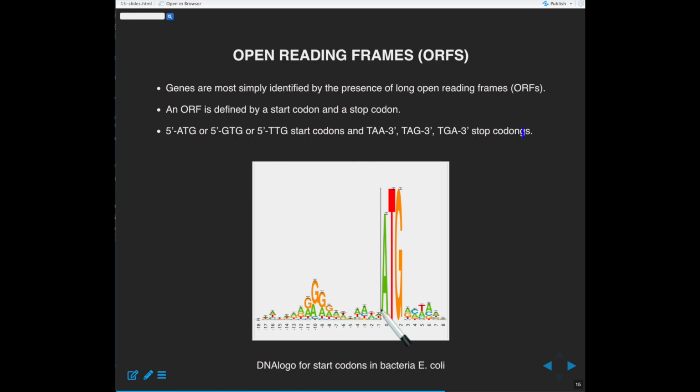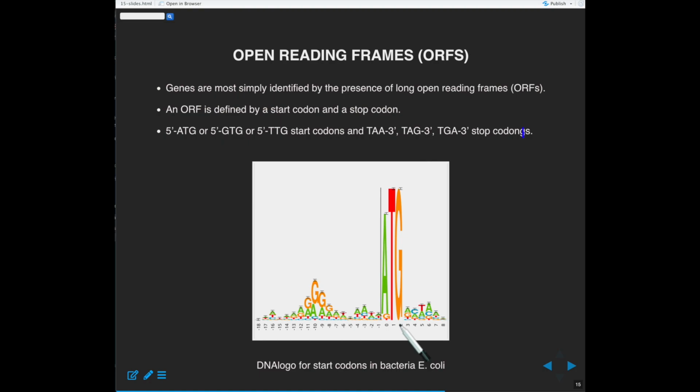But here, it's only 3 nucleotides long, so it's 4 times 4, 16 times 4, 64 possibilities. So basically, all things being equal, you might expect to see an ATG every 64 base pairs as you walk along a bacterial genome.